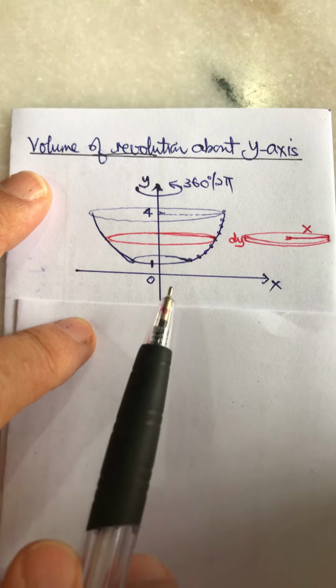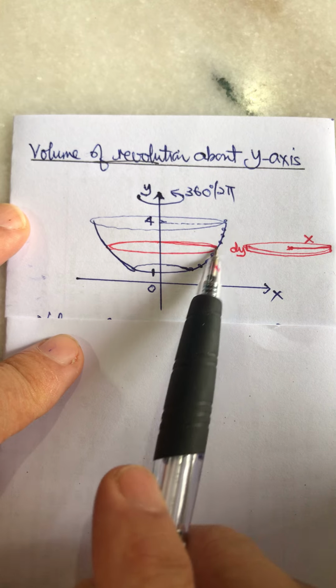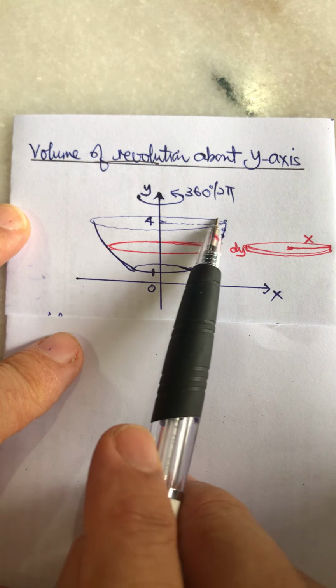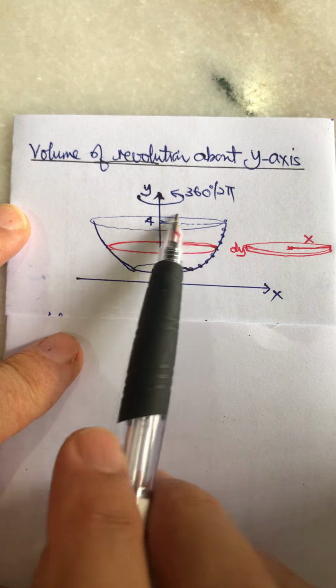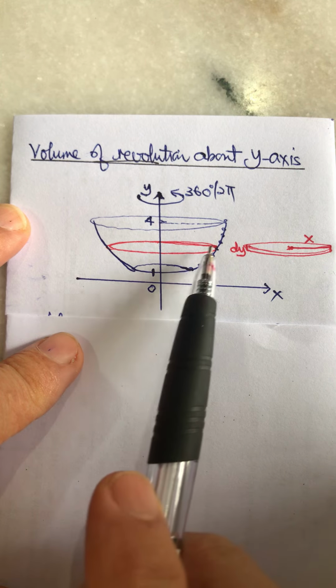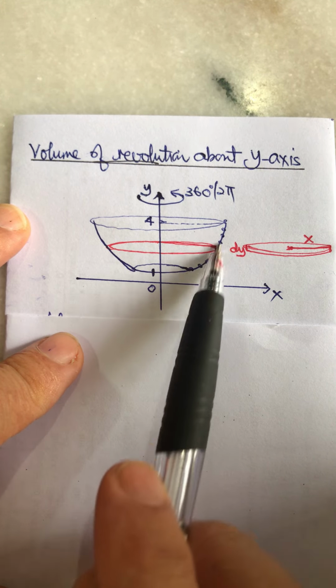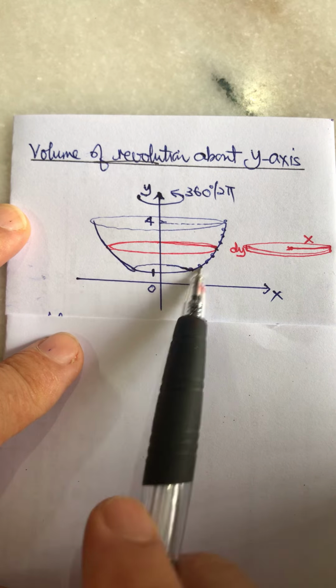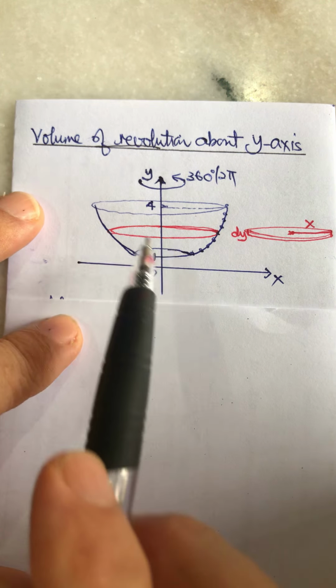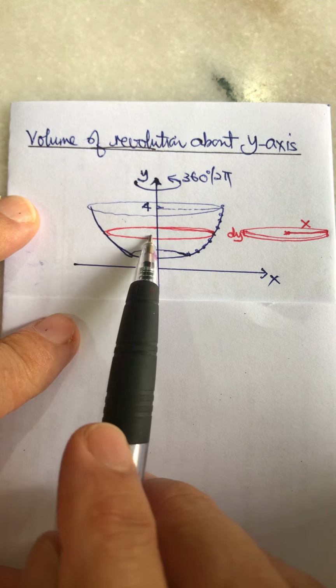So let's say I rotate about the y-axis, the same curve, I will get something like this. That means this will be the circle, this will be a smaller circle, and all these points will rotate 360 degrees. So you see we have so many of these.